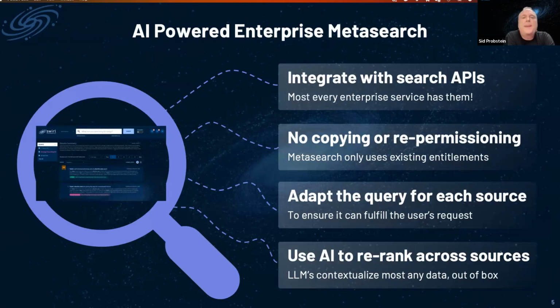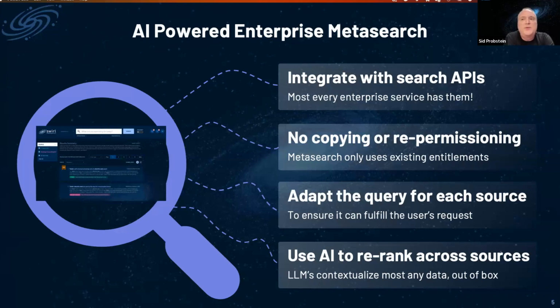For starters, it integrates with search APIs, and almost every enterprise service has them. Second, it doesn't copy or require you to re-permission any information. It only searches with existing entitlements, things that already exist that already have permissions. A key point, good Metasearch adapts the query for each source to make sure that it has a good chance to fulfill the user request. Not every repository is super smart, like say a Google programmable search engine.